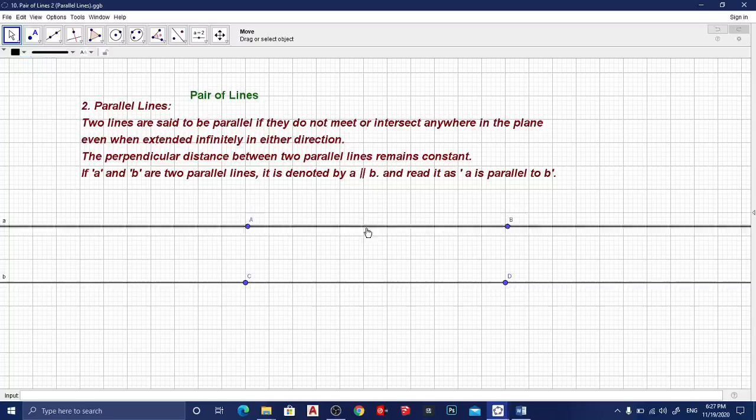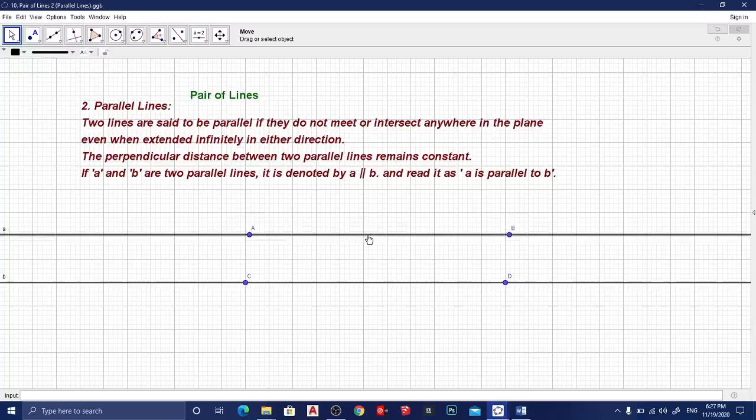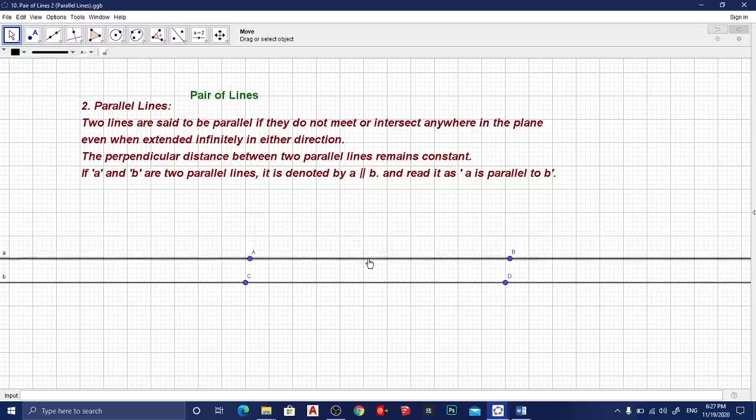If I move this, observe here, there is a perpendicular distance between these two parallel lines which is constant everywhere. The perpendicular distance between two parallel lines remains constant. This is one division of distance between these two parallel lines.